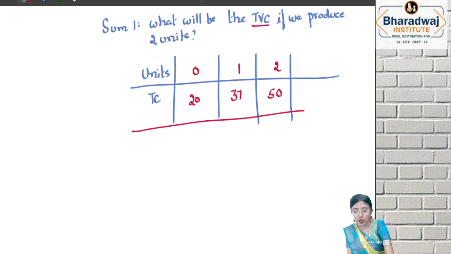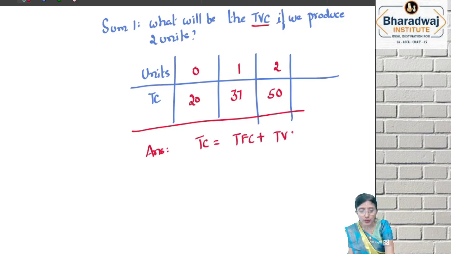So as I work out my answer, I know that TC is equal to TFC plus TVC. I have data for TC because when the unit is 0, there is no TVC. So I understand that TFC is equal to 20.